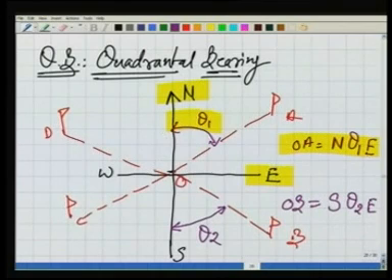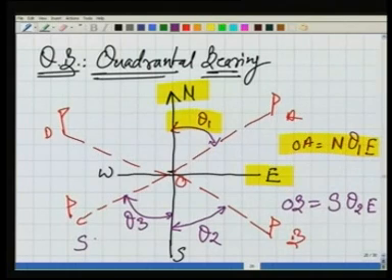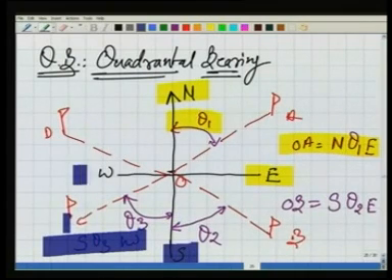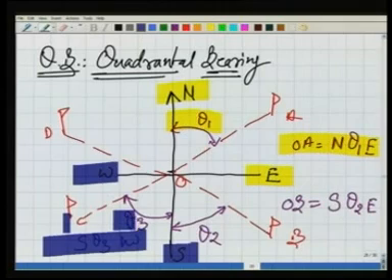Or also, for example, here, the bearing of OC will be, if this angle is theta 3, south theta 3 west. Now why are we writing it? Because it is from south to west, and the angle value is theta 3.